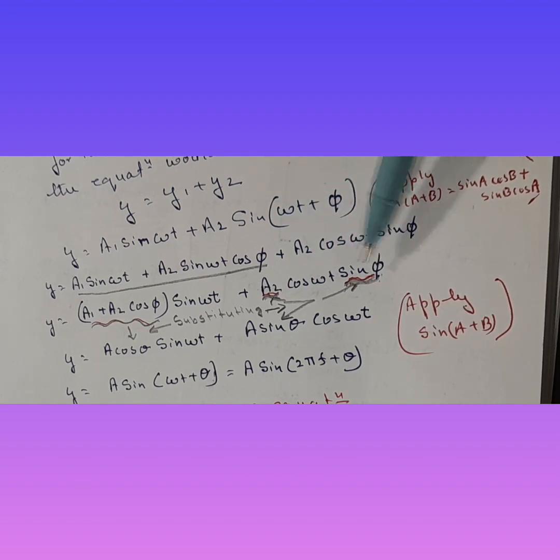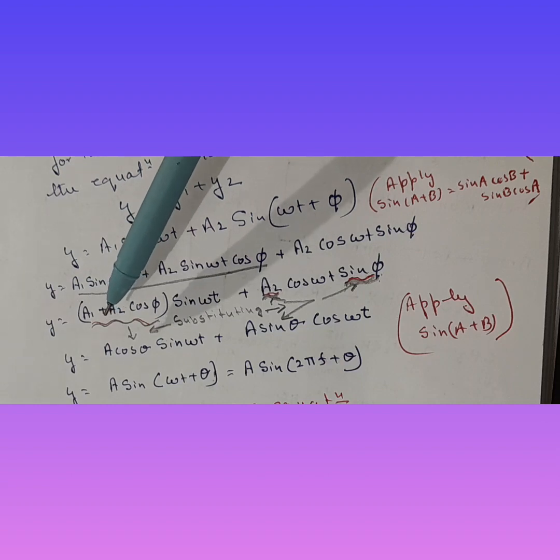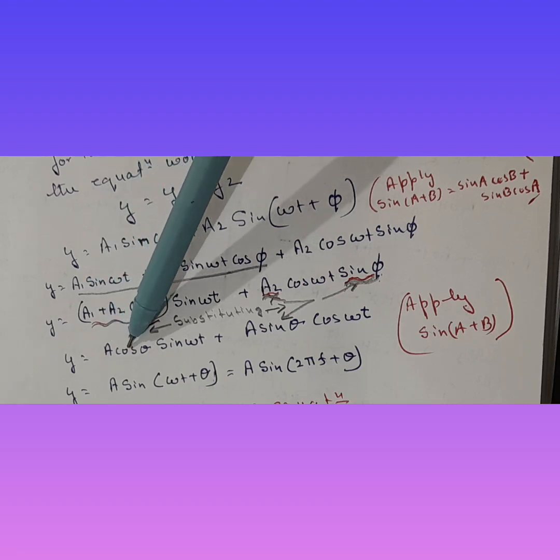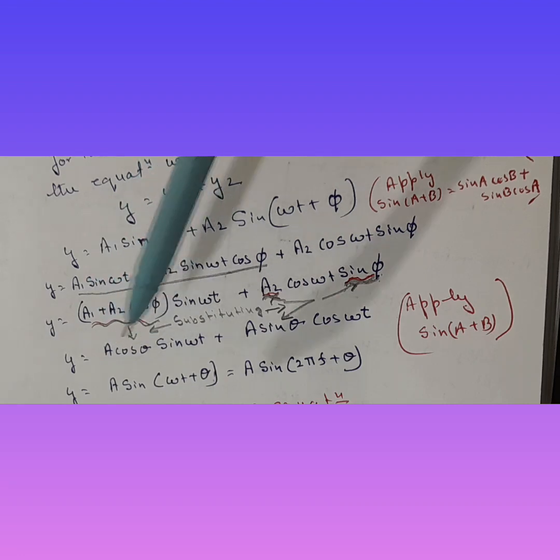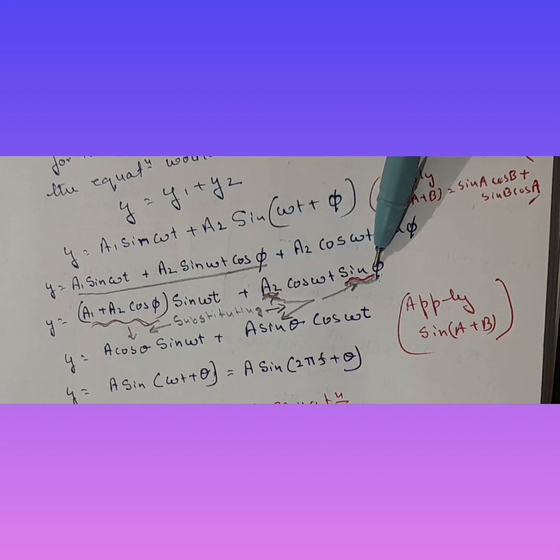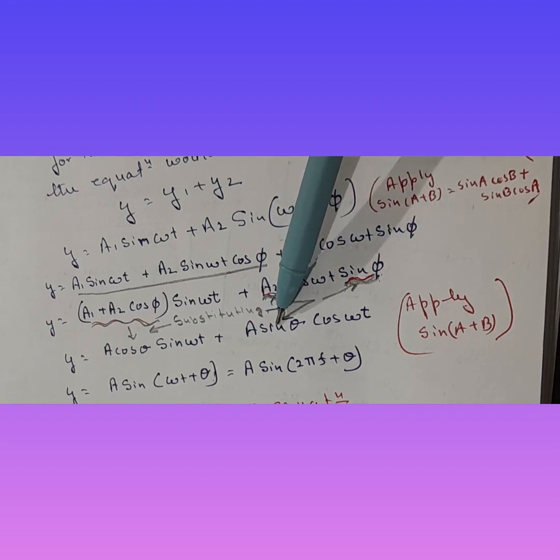Furthermore, we do a bit of substitution. We substitute a1 + a2 cos φ as A cos θ, and a2 sin φ as A sin θ.